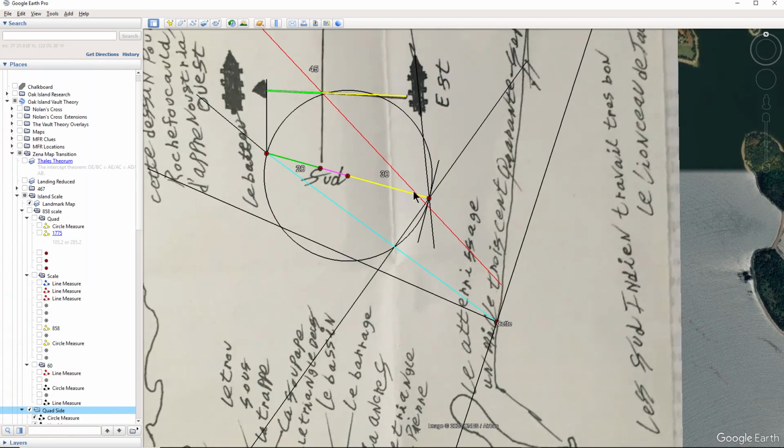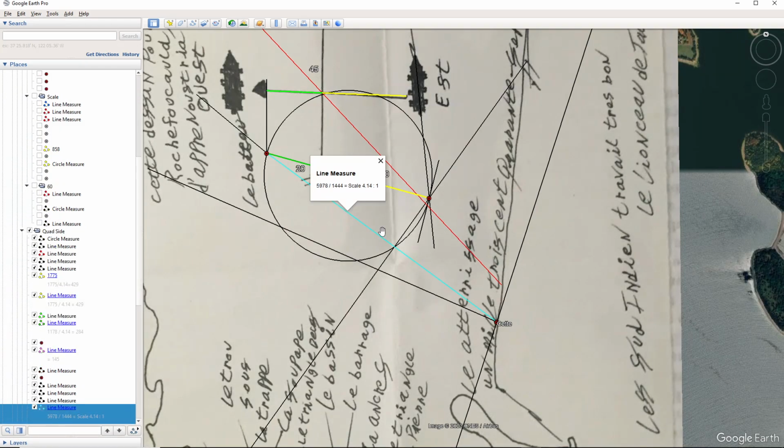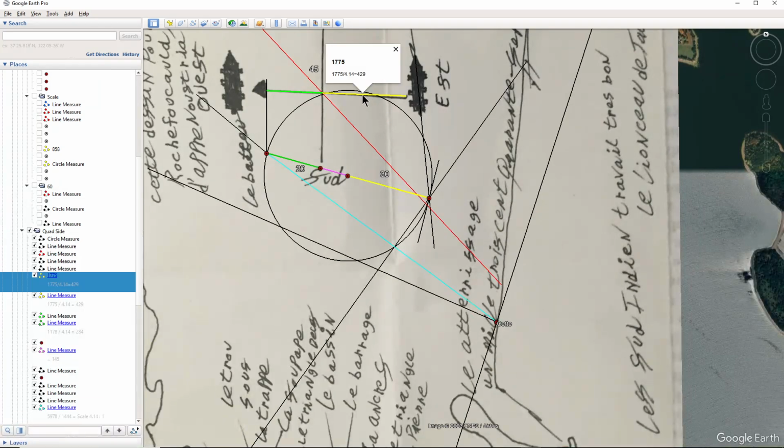To make this as short as possible, the dimension of this line, 5978, when you divide it by the 1347 or 1444, you get a ratio. This ratio determines this dimension up here, which is 1775 on this scale.